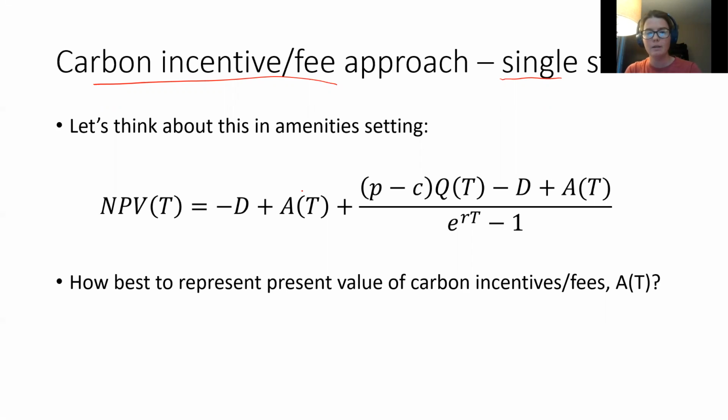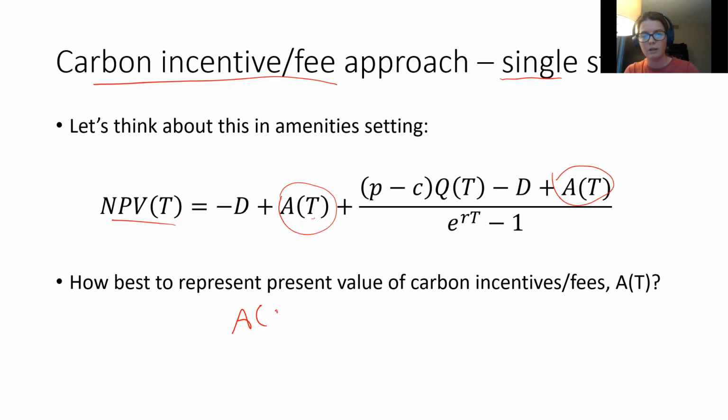We're going to think about this in our classic amenities setting. So here's our net present value of putting a piece of land, a single stand, into a forestry rotation at some constant rotation length, capital T. And A capital T represents the net present value of a stream of amenity values.